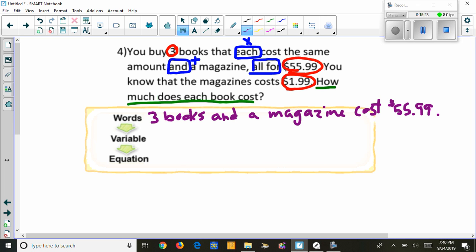So in words, that is what we're trying to solve. I'm going to let B be the cost of the books.